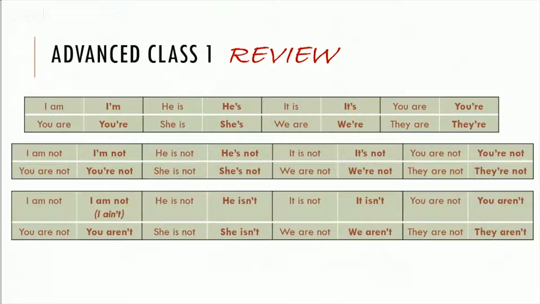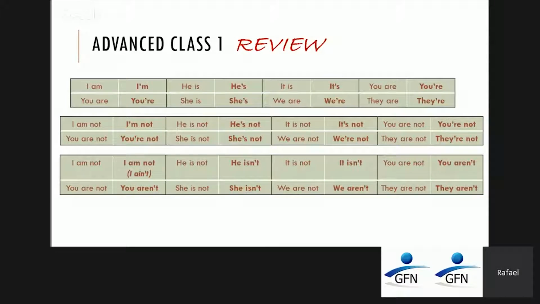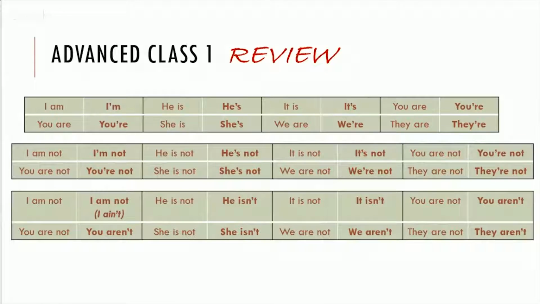What we also did was we did the contraction with the verb to be and the negative, right? So we also had that practice. And we said something very important about the first one: I am not. You cannot do a contraction with am and not. It's impossible. But some people in speaking will say ain't. I am not, I ain't. But you can't write it that way. You can only say it that way.